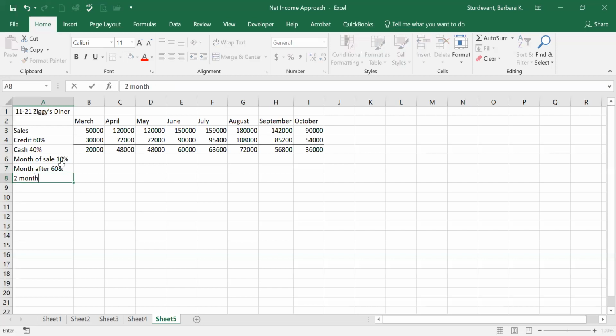2 months, 20%. 3 months, 8%. Bad debts, 2%.